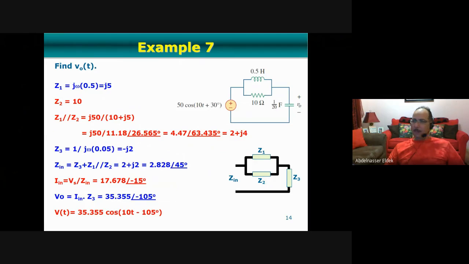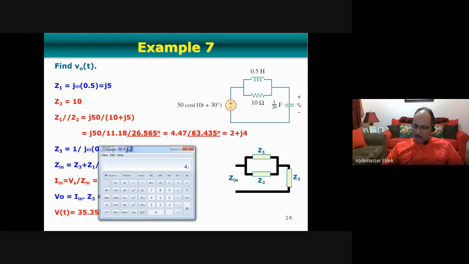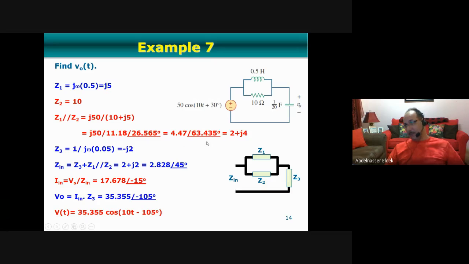We can prove that. 4.47 times cosine of 63.435 equals 1.999, which is 2, and 4.47 times sine of 63.435 equals 3.998, which is 4. So it is very close. So Z1 and Z2 in parallel will give you 2 plus j4.